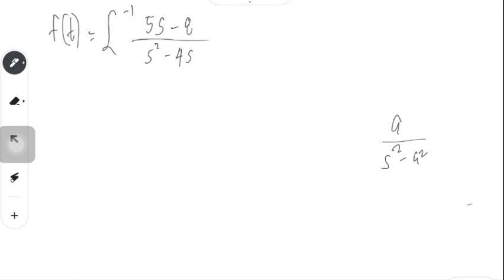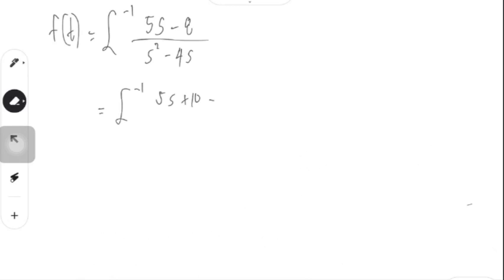Sige. Subukan natin yung sinabi kanina. Baka sakali. So, ito yung magiging the inverse Laplace transform. Sabi mo ay dagdagan ko ng 10, then bawasan ko ng minus 10. Sige, mukhang tatama na yun.